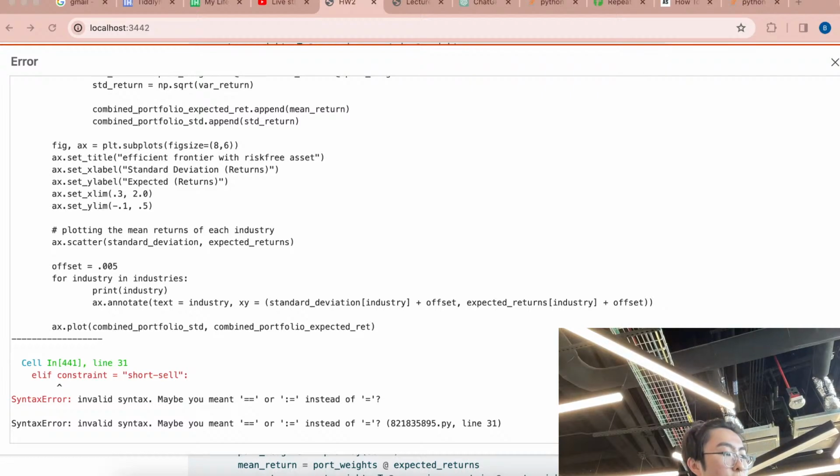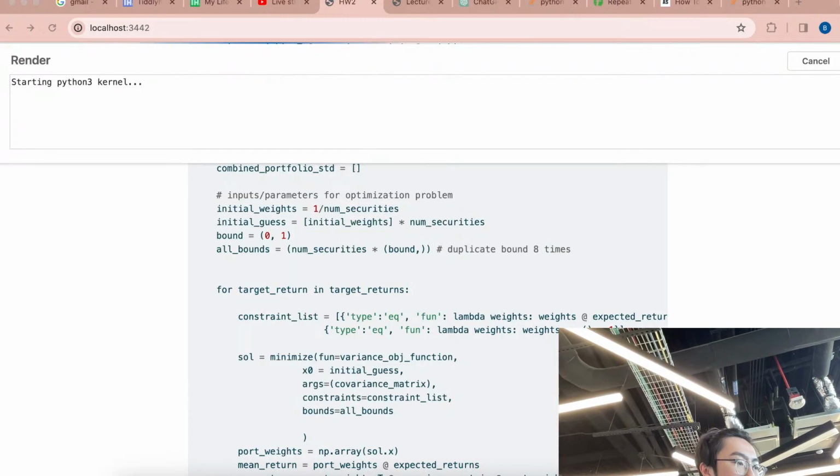Target returns, I think num securities, so the length of industries. Okay, so we have the length of the industries, and then what else do we need? Expected returns, covariance matrix, and the constraint.